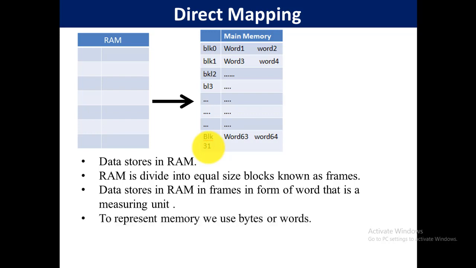To represent memory, we use bytes or words. A single word size can be a single byte, 2 byte, 4 byte, or 8 byte, or it can be multiple bytes. Data is stored in RAM in the form of words. So if we want to measure how much RAM we have, we have to measure it in bytes or words.